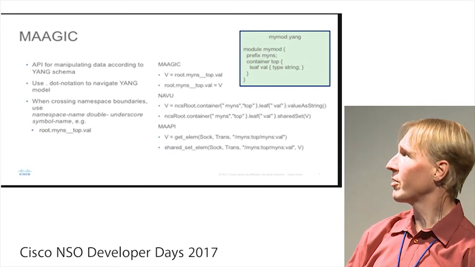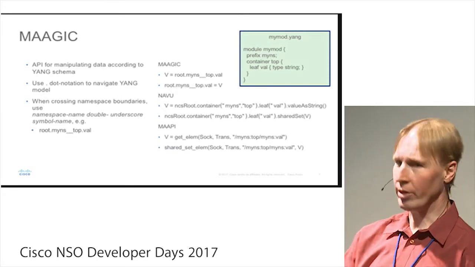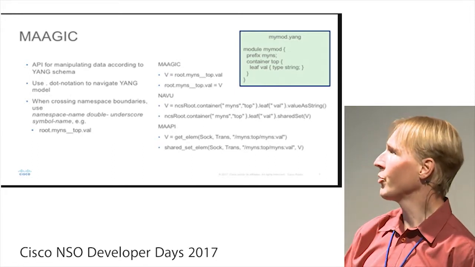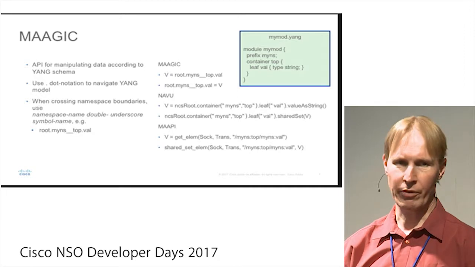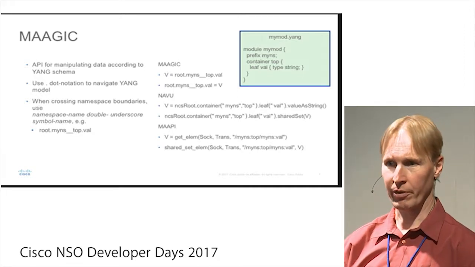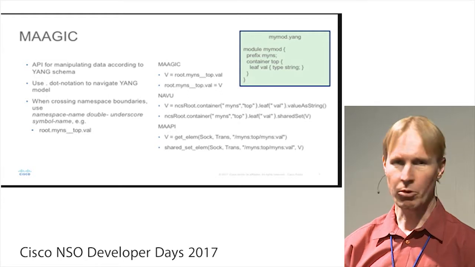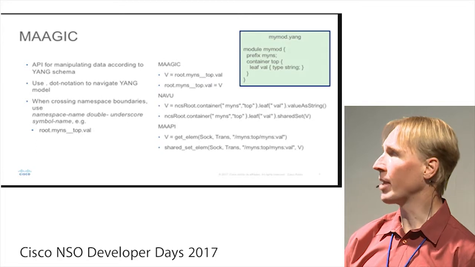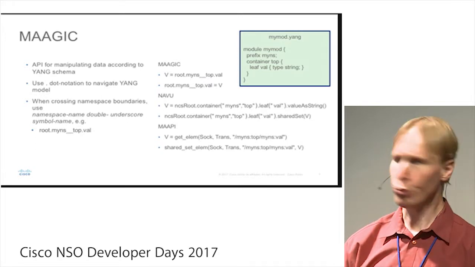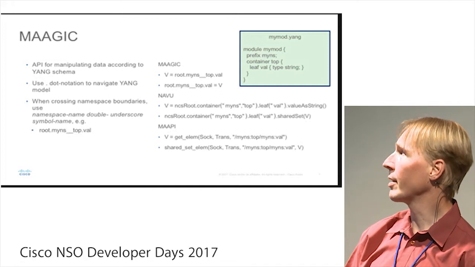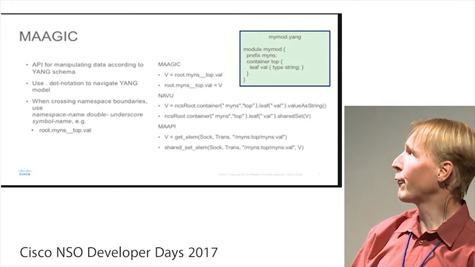So you just use notations with using a dot to navigate the structure that you have in the Yang file. So in your service code, you will get an object called service, which is pointing to your service in the Yang tree, and another object called root, which points at the root of the Yang tree. And then you navigate in the Yang structure by just saying root dot, for example, my namespace top. So then there's a leaf top.